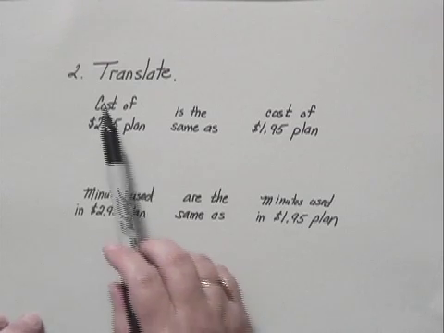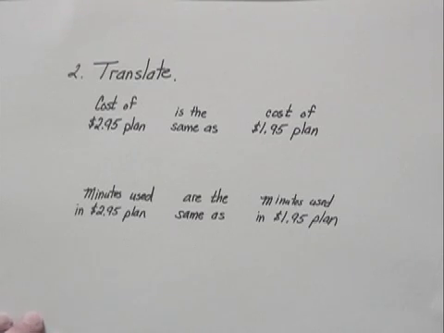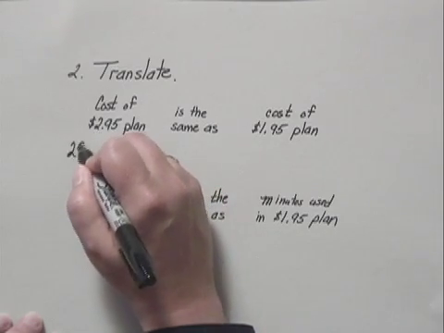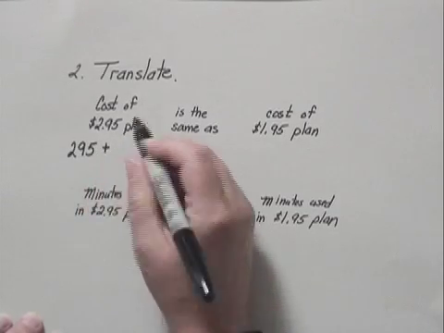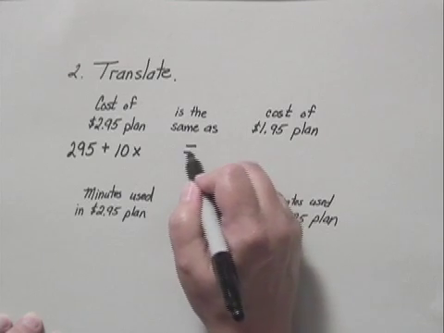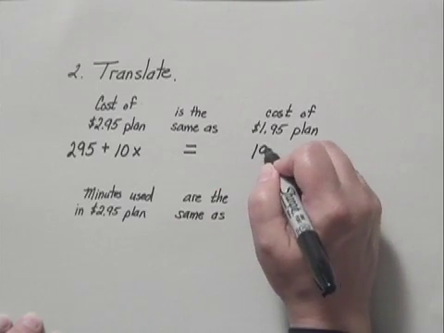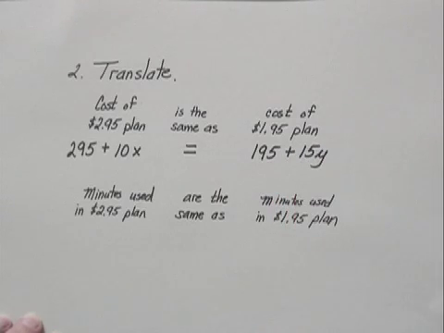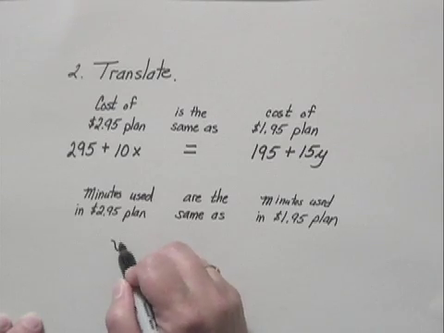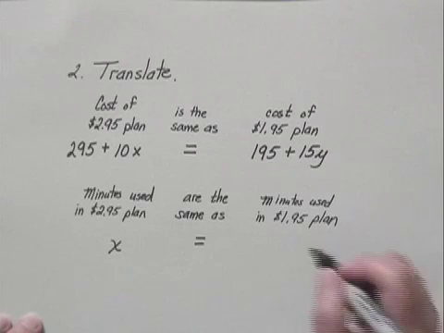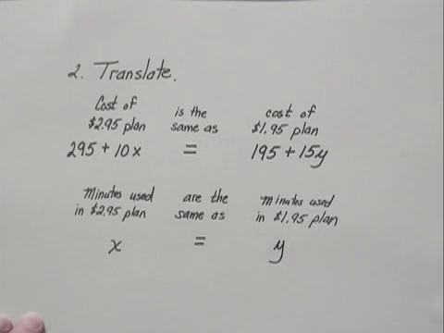So for the first sentence, the cost of the $2.95 plan we said was 295 plus 10x, and that has to be the same as 195 plus 15y. The minutes used in the $2.95 plan is simply x, and that has to be the same as the minutes used in the $1.95 plan, and that's simply y.